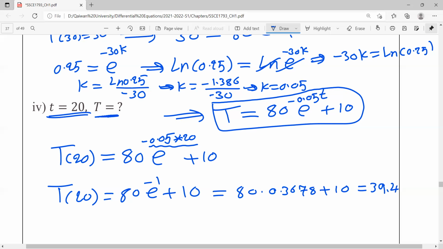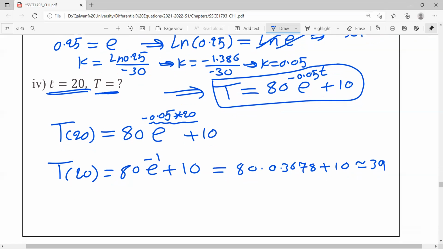Let's approximate this: it is 39. So the temperature of the object after 20 minutes is 39 Celsius degrees. That means T of 20 is 39 Celsius degrees.